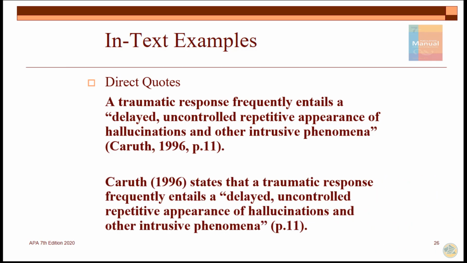Here is a look at a citation that is a narrative example. Here, the writer starts with the author's name as part of the sentence, but the date is right next to the author. Carruth, 1996, states that a traumatic response frequently entails "delayed, uncontrolled, repetitive appearance of hallucinations and other intrusive phenomenon," and the quotation marks.